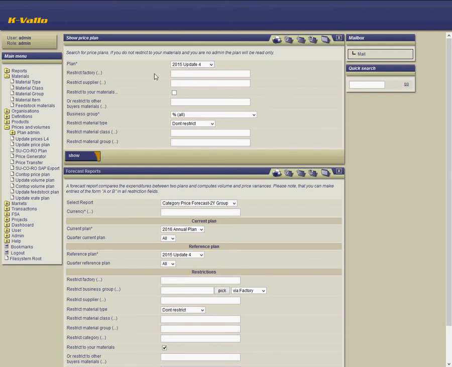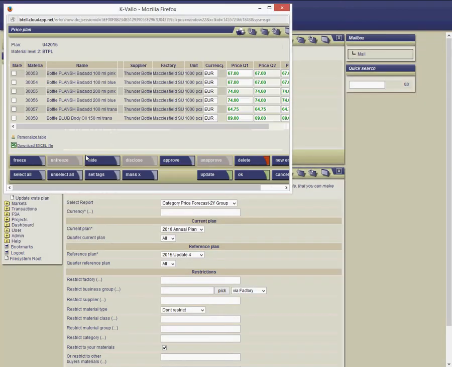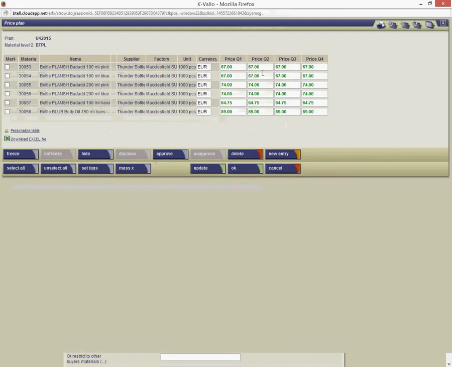It's the same prices as 2014, and here are the bottle prices. Those are the 2014 prices. We know those prices will increase because the feedstock increases, and they will increase by 6%.